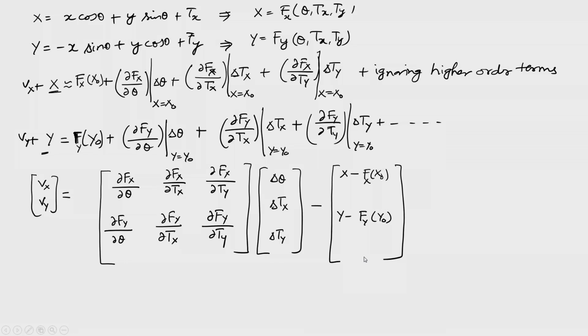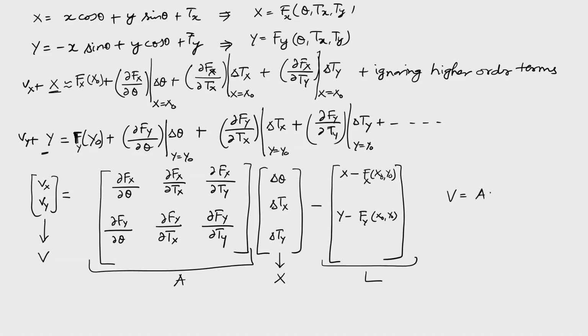I can also write these values at x0, y0. Okay, so this is for one observation. Now this is matrix A, this is matrix unknown X, this is matrix L, and this is matrix V. So this is the form V equal to Ax minus L. Rather, instead of x, I have now delta x, which is the corrections to the assumed value x0, y0.